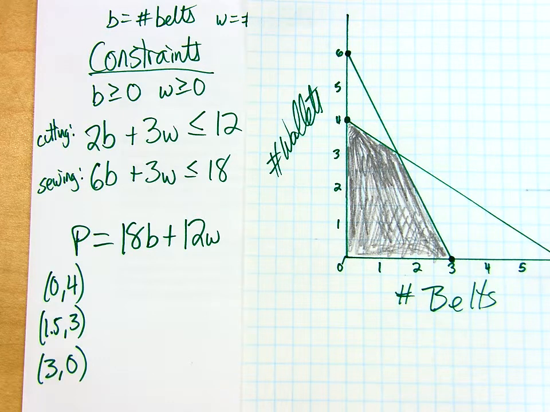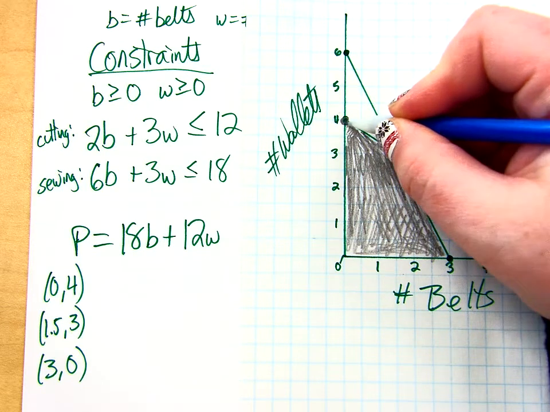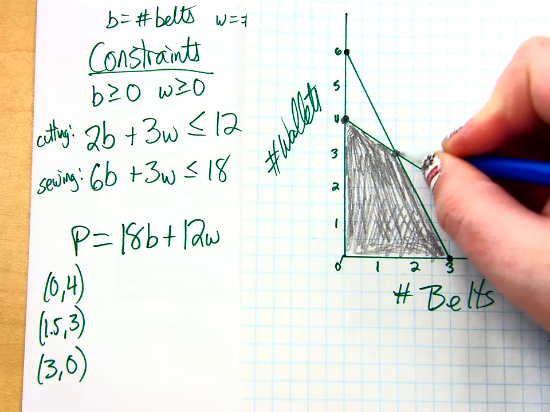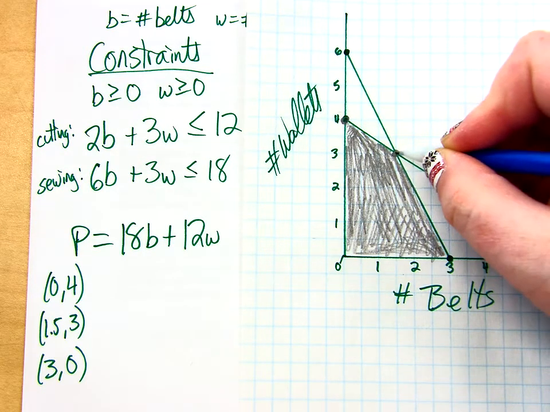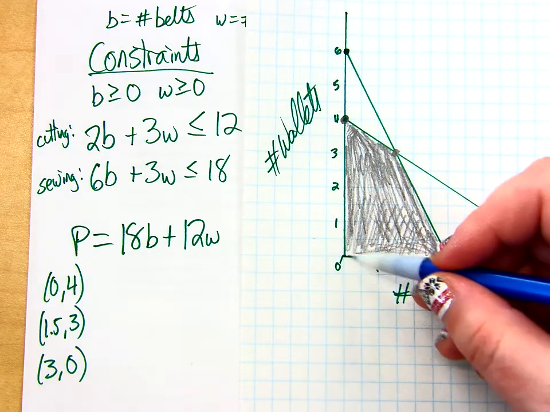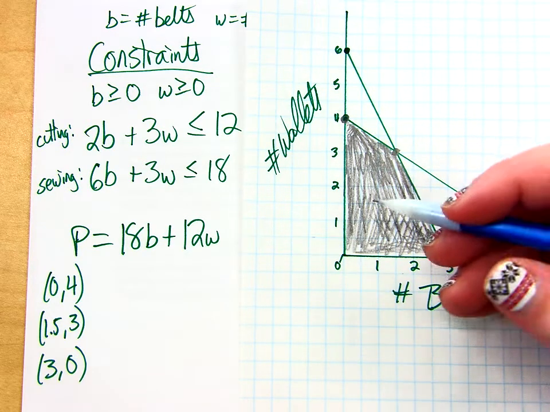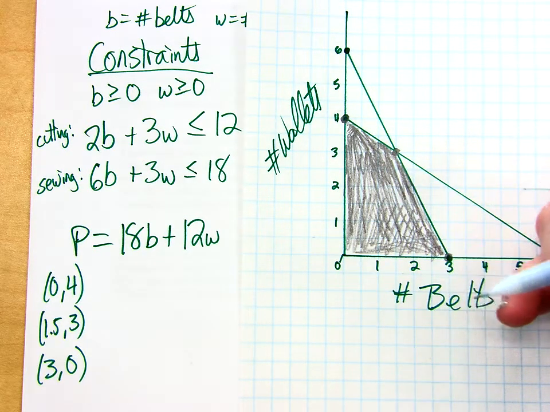Yeah, sorry to backtrack. For the points that we're finding, the ordered pairs, we're taking the vertices of your feasible region. So that point, 0, 4. This point, which was 1.5, 3. And then this one's 3, 0. And again, 0, 0 is one, but it's not going to make me any money, so I'm not going to bother.